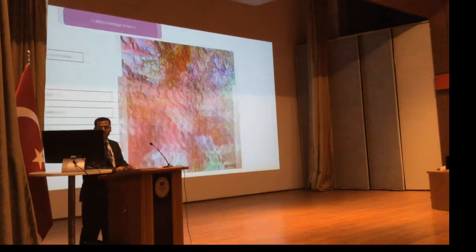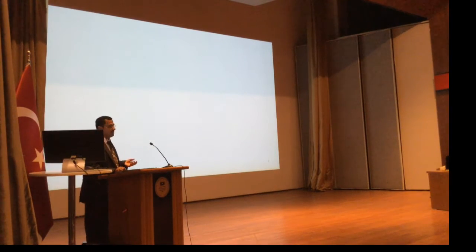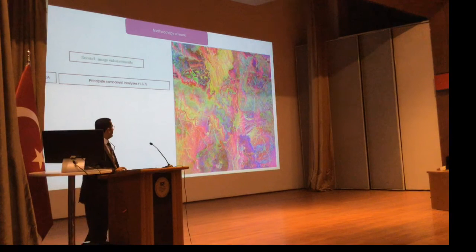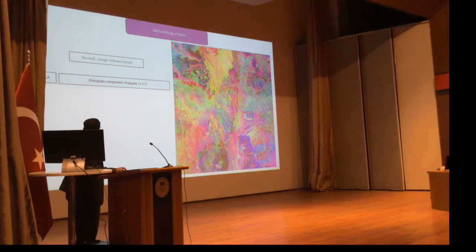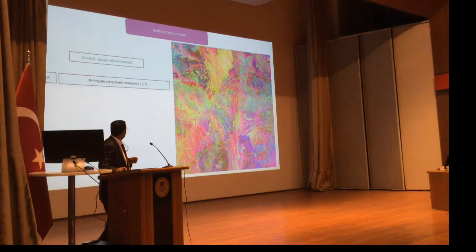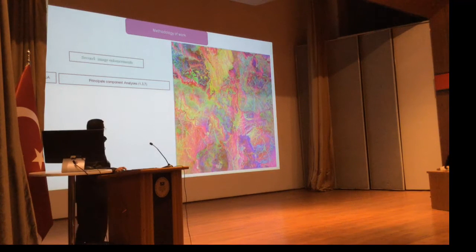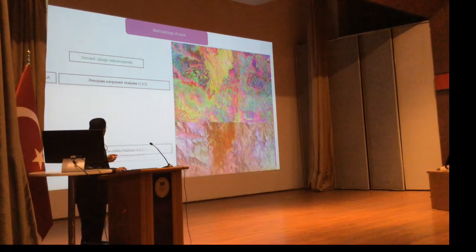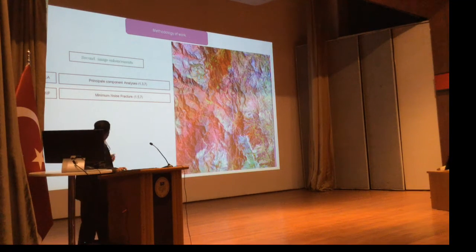Second, we start to make enhancements for this satellite image. First, we use PCA, principal component analysis. We use 137, and now you can see everything clearly. Second, we use MNF, minimum noise fraction. We use 157, and you can find this photo.